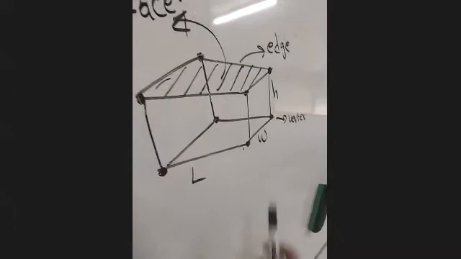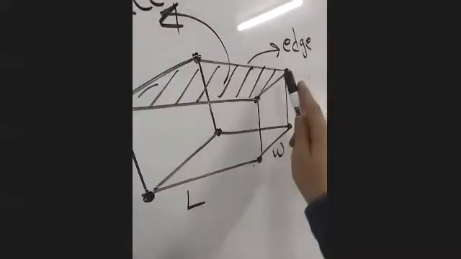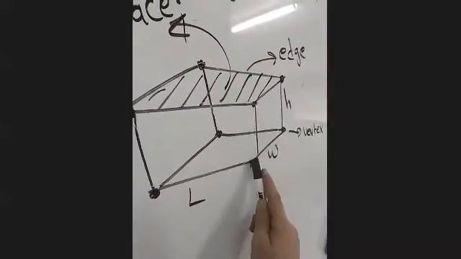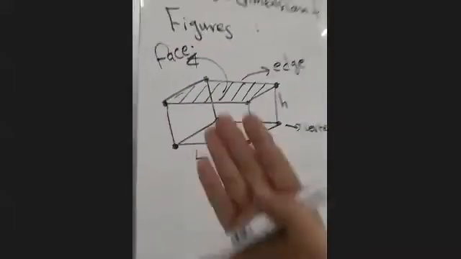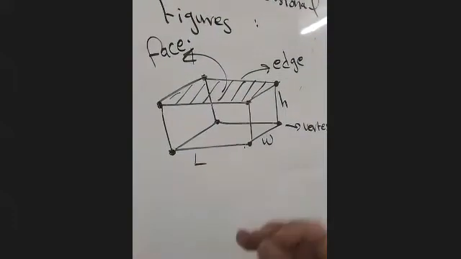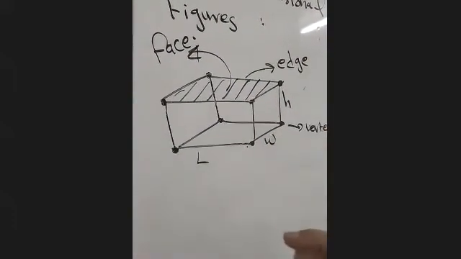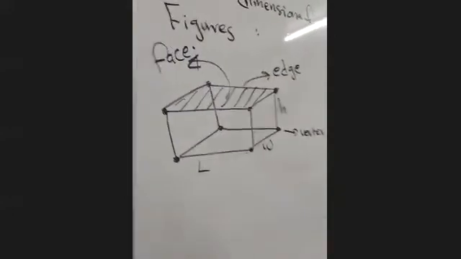But how many vertices? 1, 2, 3, 4, 5, 6, 7, 8. So we have 6 faces, 12 edges, and 8 vertices.